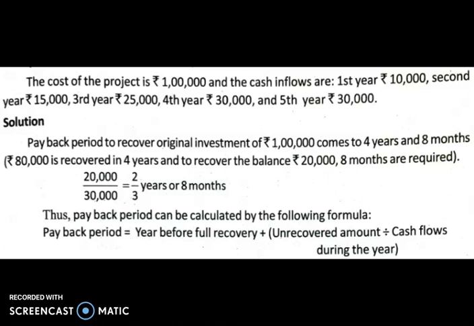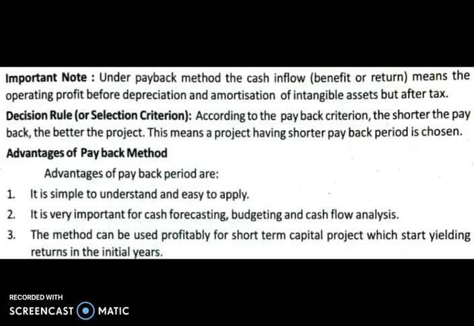So we use this formula, right? Payback period is equal to year before full recovery, here it was 4, plus unrecovered balance amount 20,000 divided by cash flows during the year, here it was 30,000, and that's how we got 4 years and 8 months.